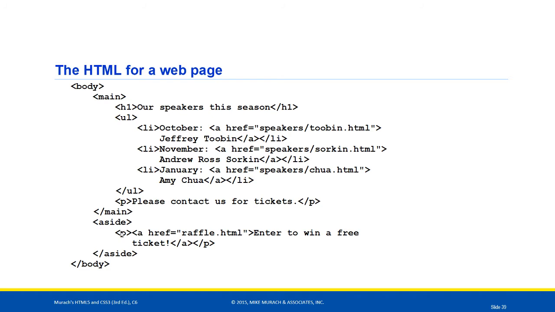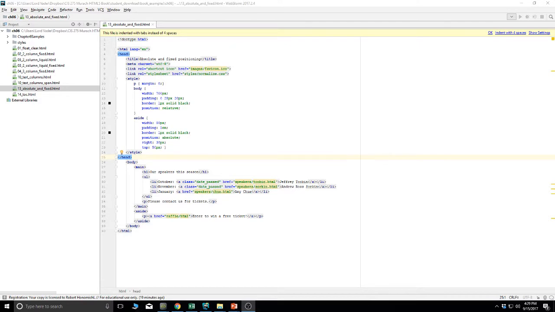As we take a look at this, we can play around with some of these values, but basically our aside is inside of our body, and our main is also inside of our body. So I'm going to bring you over here real quick, and we can take a look at that code.